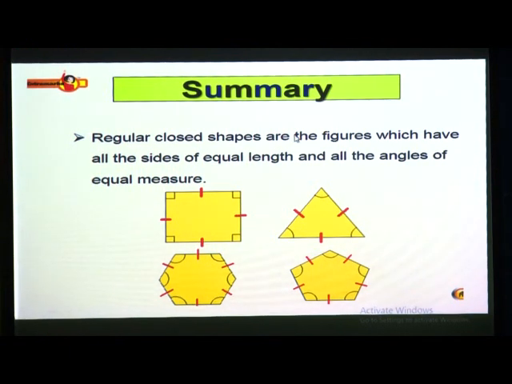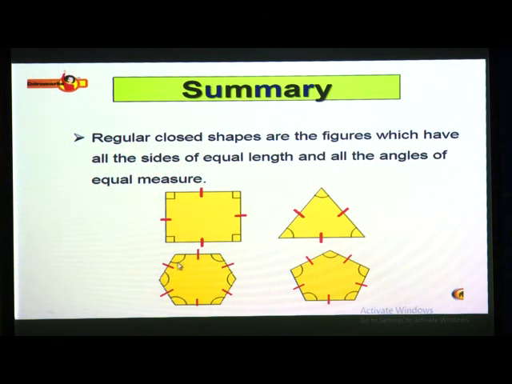Regular closed shapes are figures which have all sides of equal length and all angles of equal measure. These are the regular closed shapes. This is the square, all sides are equal. This is a triangle, all sides are equal.